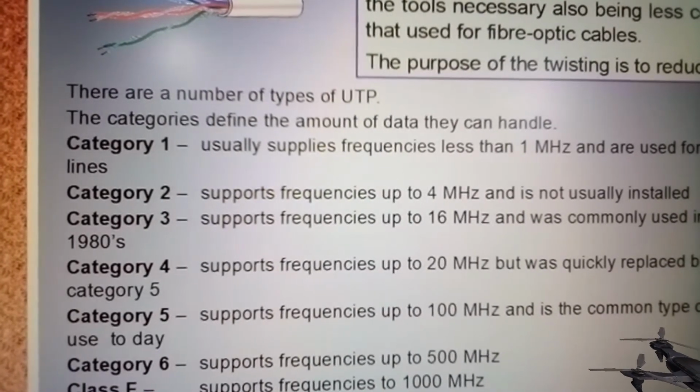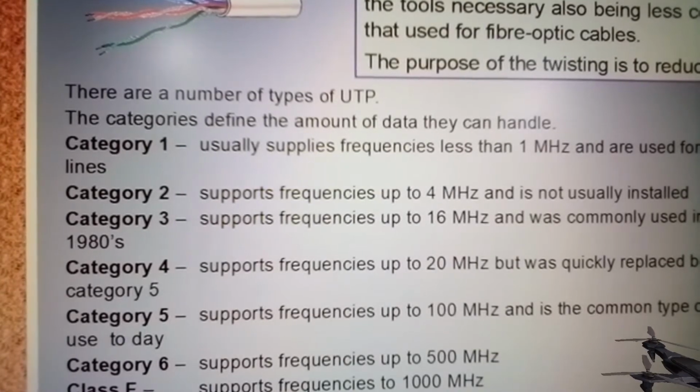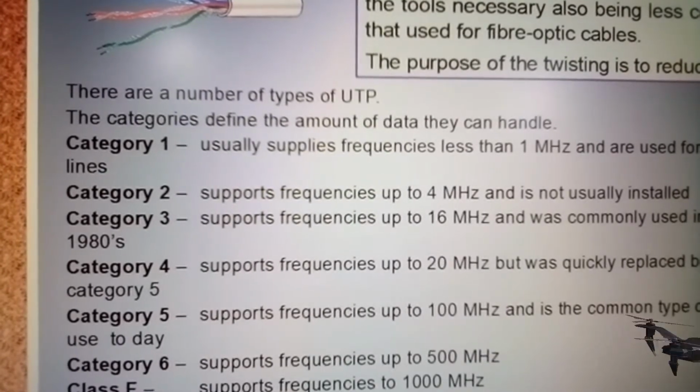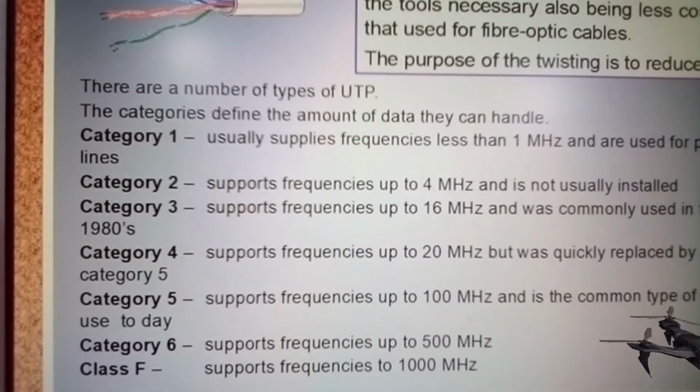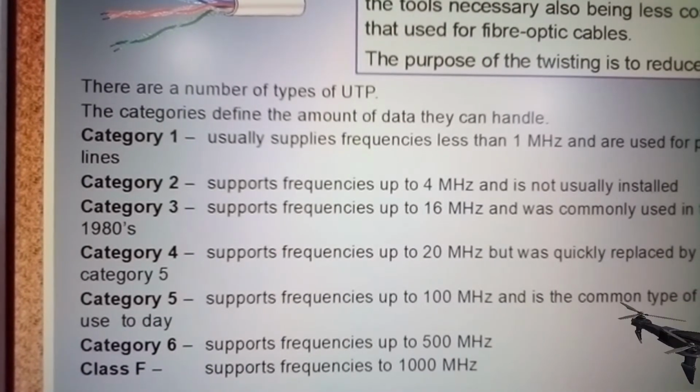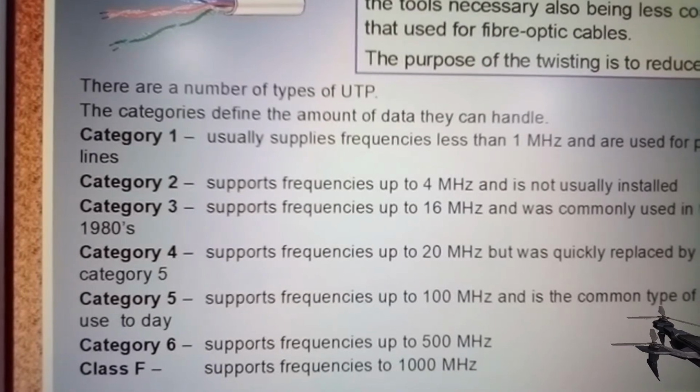And here you have class F, which supports frequencies to 1000 megahertz. That brings you into the gigahertz range.